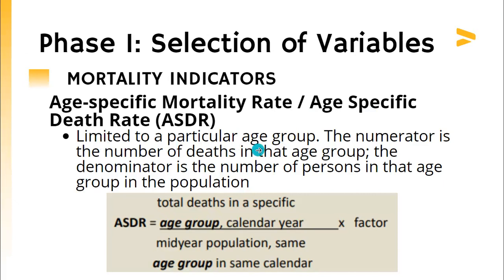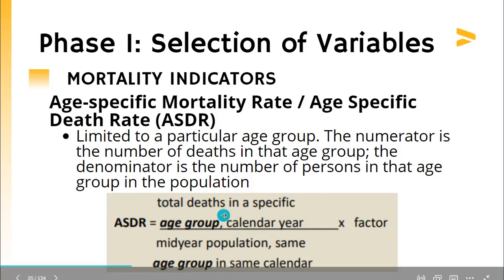In other words, we are talking of deaths in that particular age group only. Okay? So the numerator is expressed as the deaths in that age group, compared with the total population in that age group. Okay, and this is computed as follows.